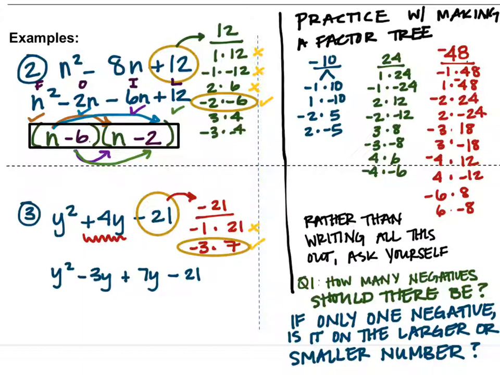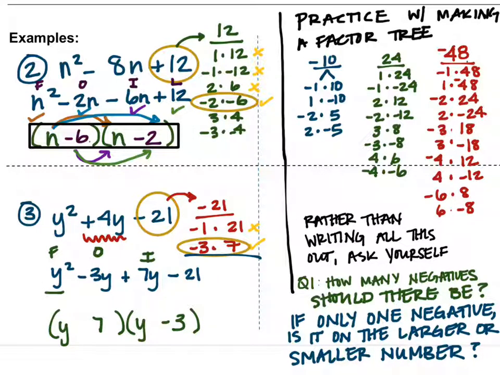And this is going to help us because we're going to make our binomials now. So I'm going to make my binomials and place a y in both the first places. And recognize that I have this concept down here of a negative 3 and a positive 7.